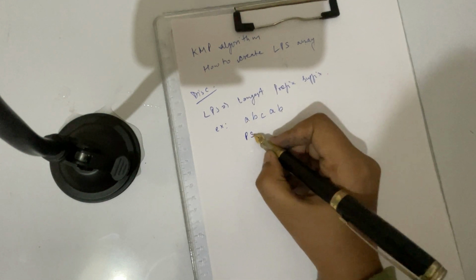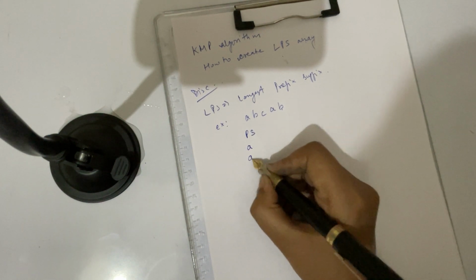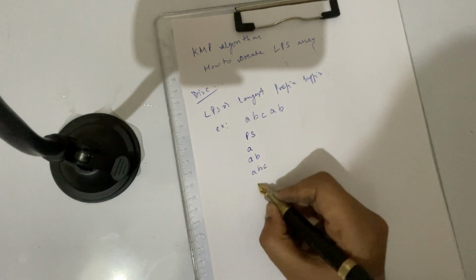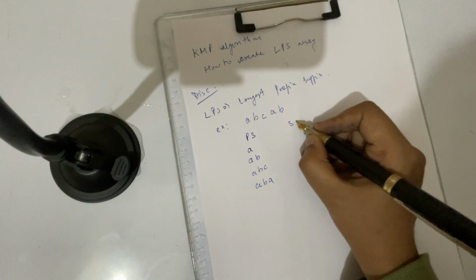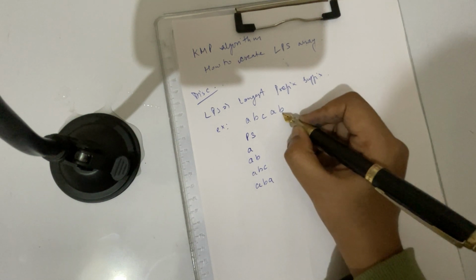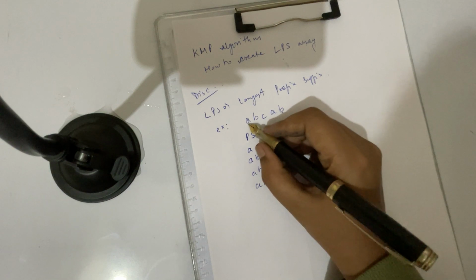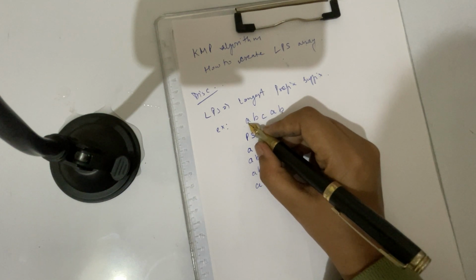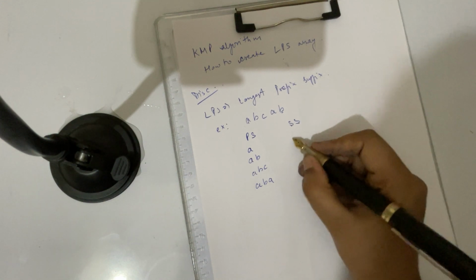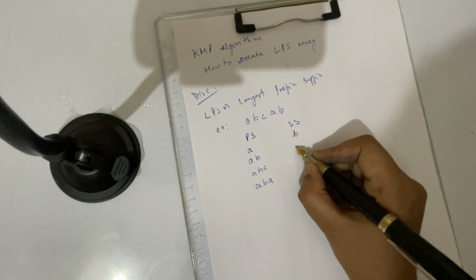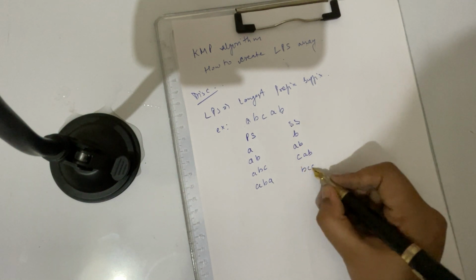So the proper prefix substrings are A, A B, A B C, A B C A. Similarly for suffix substrings, the substrings which start from any character but should not include the first character. So they are B, A B, C A B, B C A B.